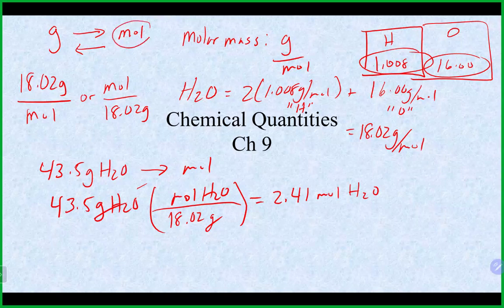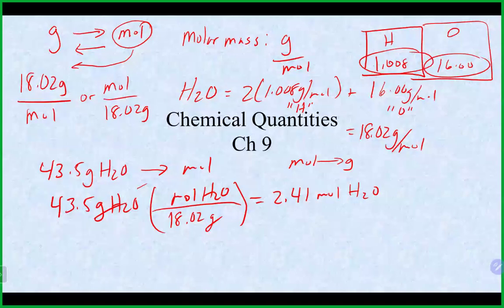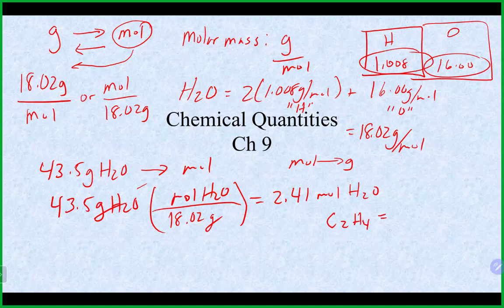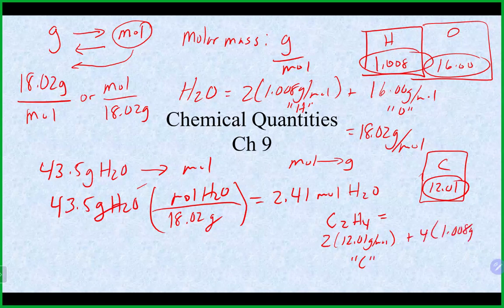We also on the back end oftentimes will be going the back way here and need to go from, say, moles back to grams. That again is also the molar mass. So if we had something like C2H4, we would get the molar mass from the periodic table. Carbon would be 12.01, and we would add it up: 2 times 12.01 grams per mole, which is our carbons, plus 4 times 1.008 grams per mole, which is our hydrogens.